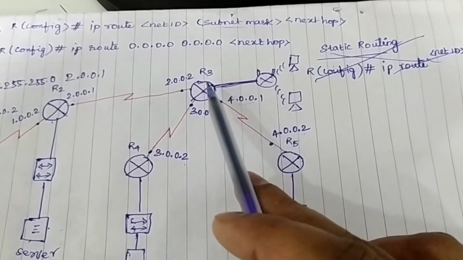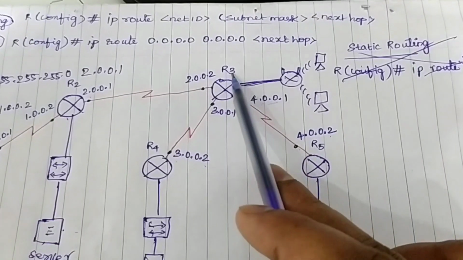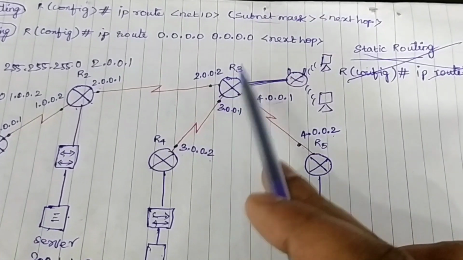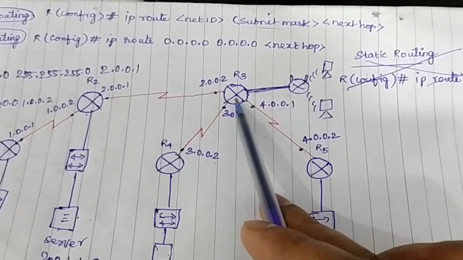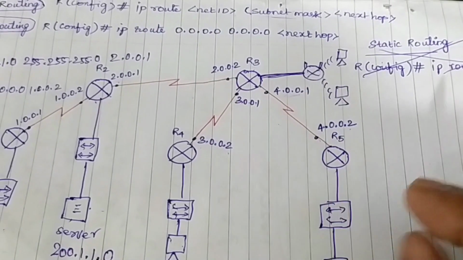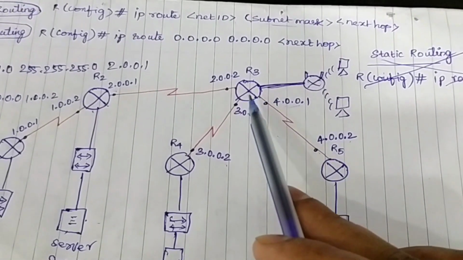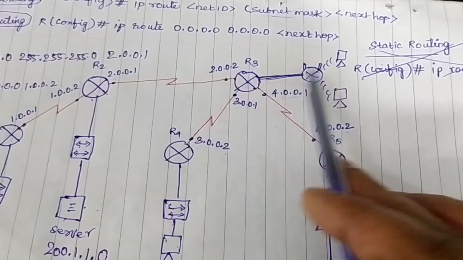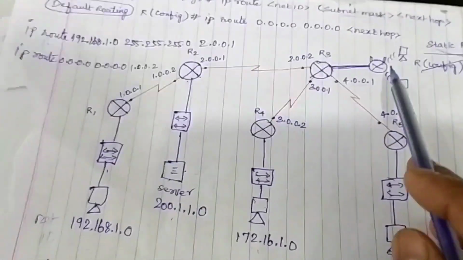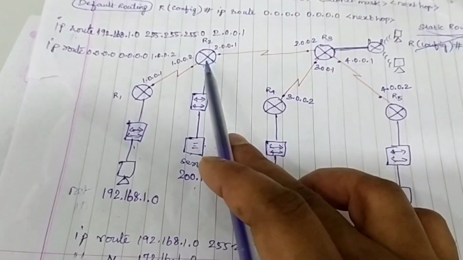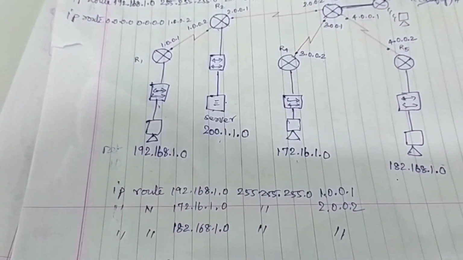Similarly, this network is directly connected to R3, so no need to give it if you are doing static routing on R3.